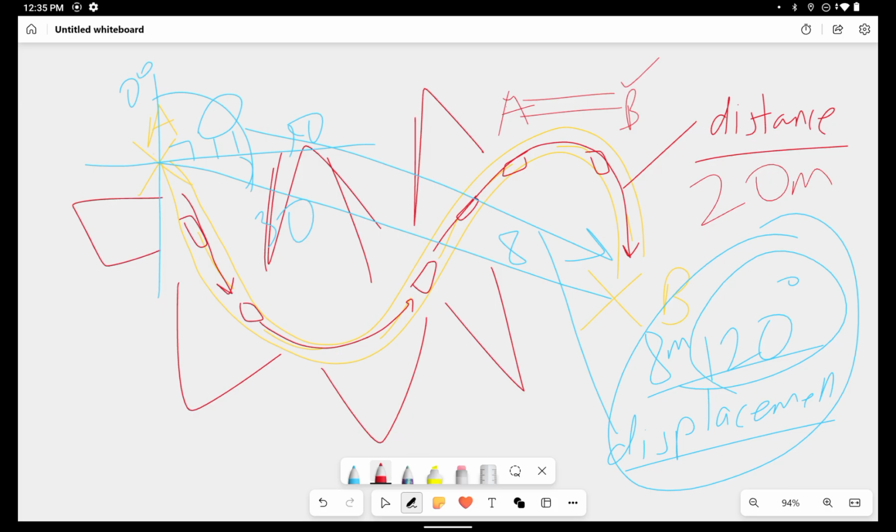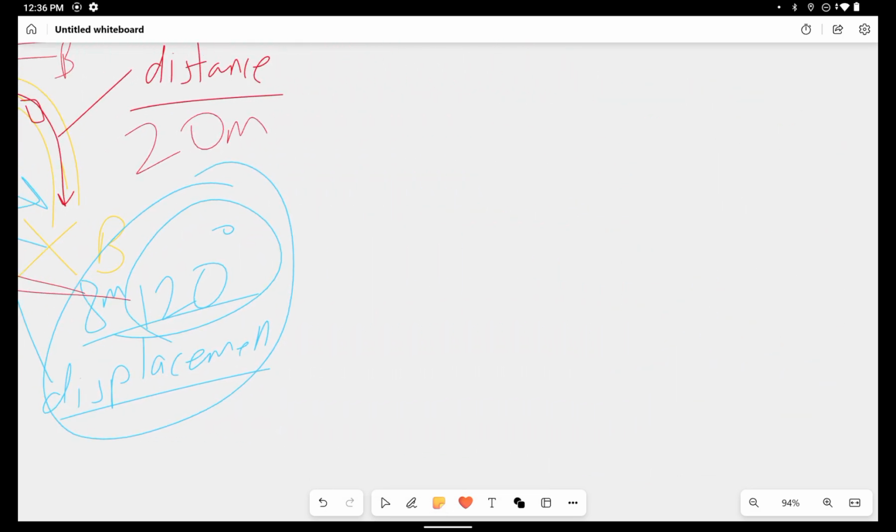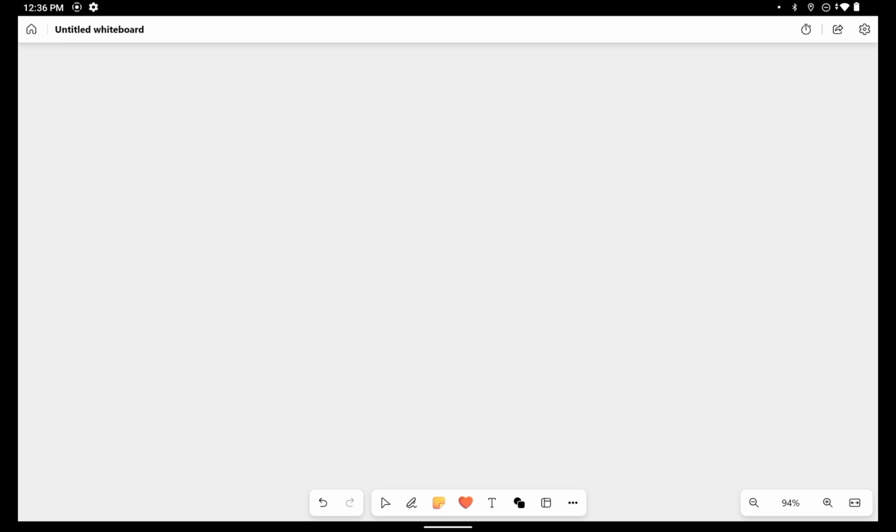Another situation can occur where the object has traveled some distance but has no displacement. When does that happen? Let's see. As vector quantities have direction, we can assume the same sign for the same direction and opposite sign for the different direction.